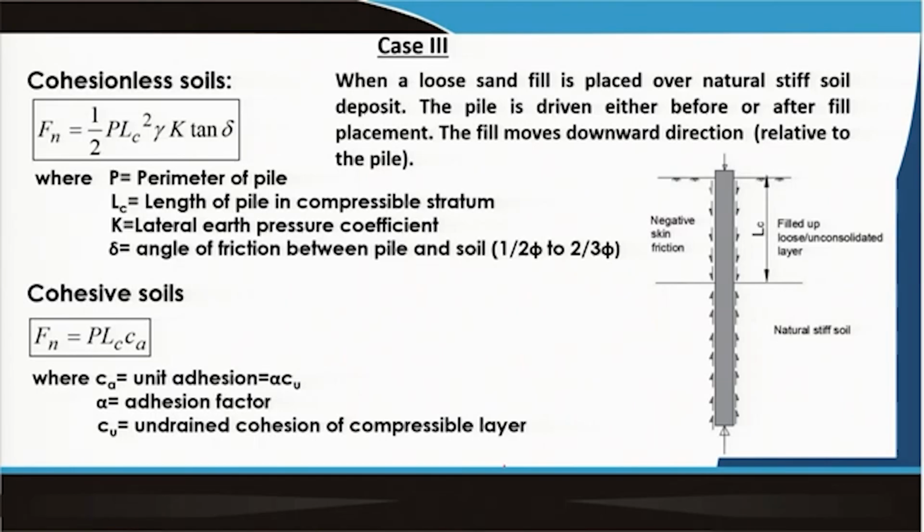So, that means it is giving you the phi value, and you can determine it the same way that we did for the first case. The only difference is that the first case was clay, and here it is sand. Here the same way we can determine the value of negative skin friction for cohesionless soil.